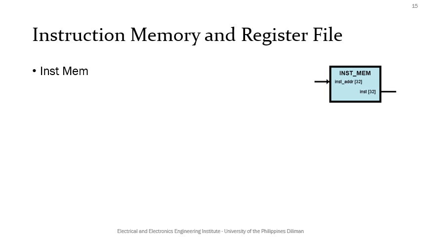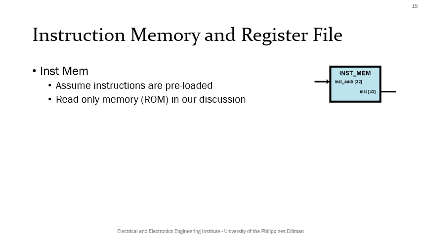In this part, we clarify how we want the major blocks of the data path to work, starting with the instruction memory or inst.mem. First, we will assume in our discussion that the instructions have already been preloaded. We will consider the inst.mem as a read-only memory or ROM in our discussion.